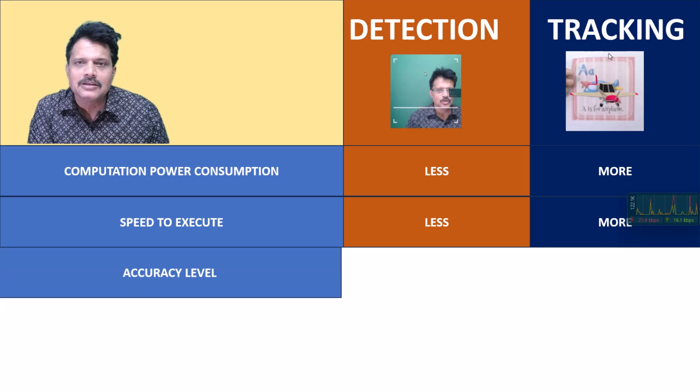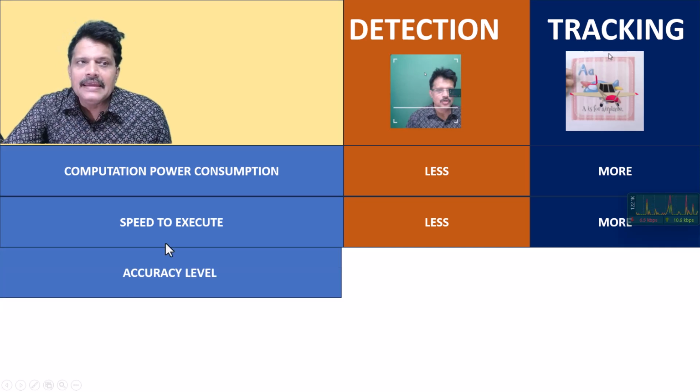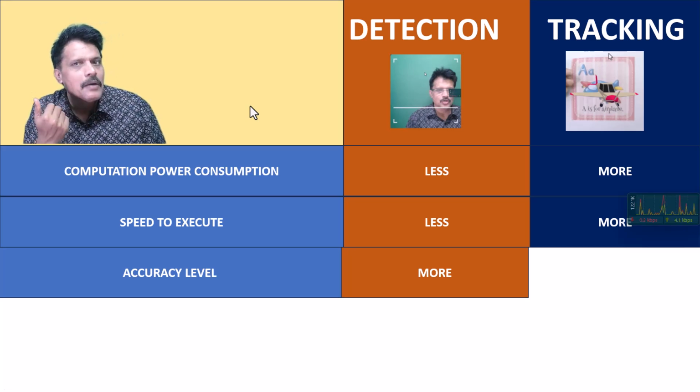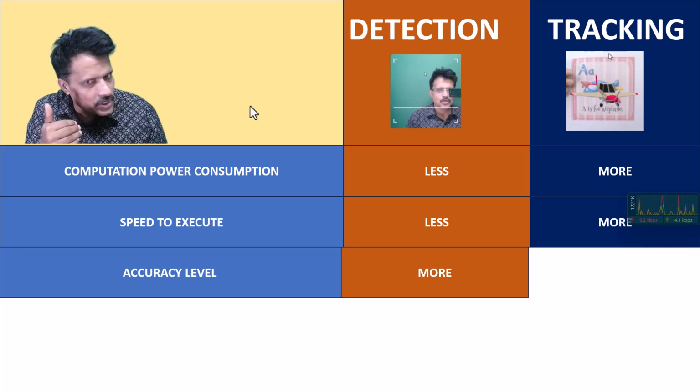The next is the accuracy level. In case of image detection, it should be very accurate, and because it is more accurate, it is going to take more time. So the speed of execution will be less.